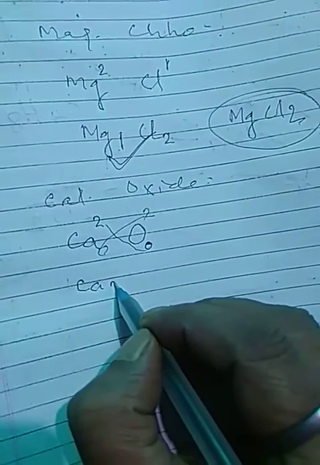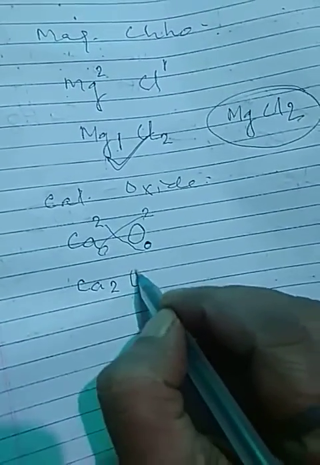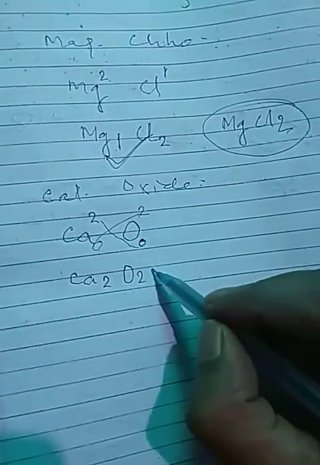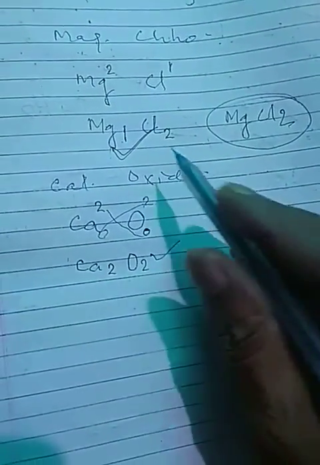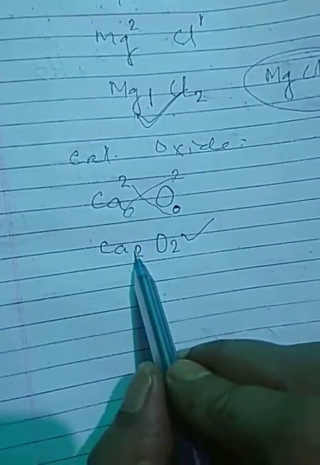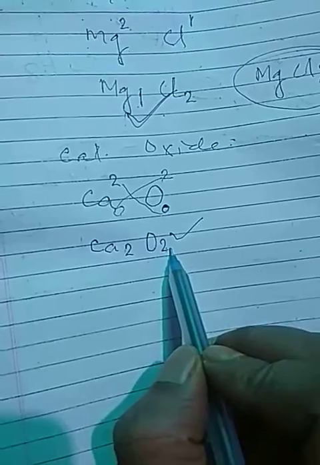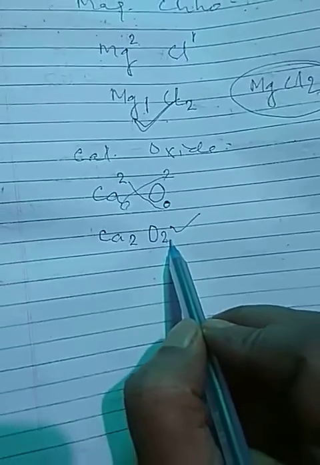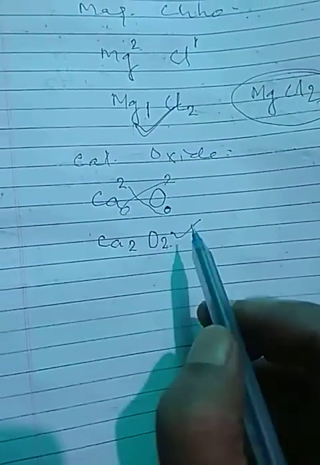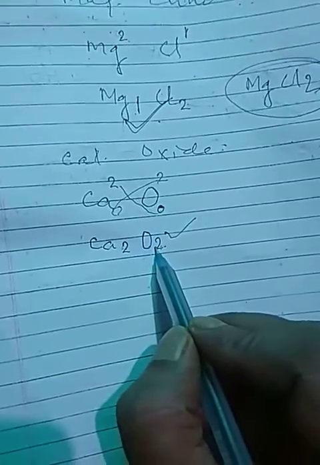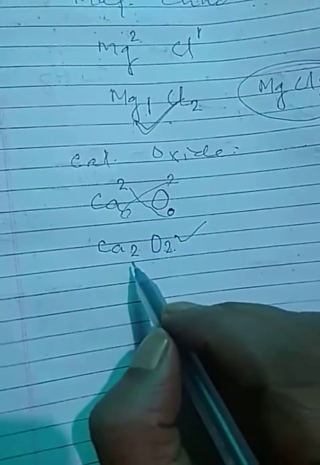It will be Ca2O2. This is the molecular formula of calcium oxide. But if there is anything common here, we will divide by the HCF. So here, what is common? 2 is common.